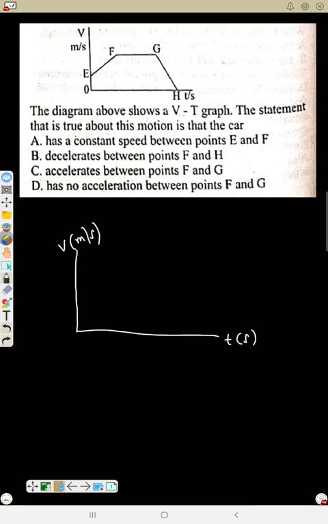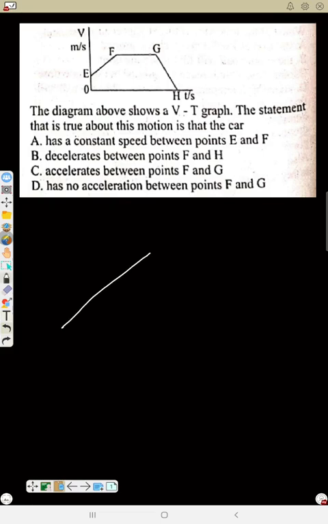So again, if you see a line that goes up this way, it means acceleration. If you see a line that goes this way, it means constant velocity or constant speed.